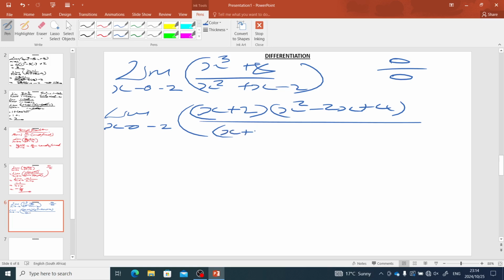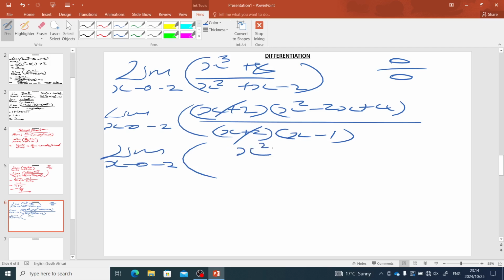It will be x plus 2, then x minus 1. Now, x plus 2 and x plus 2 will cancel out. Then you'll be left with the limit as x approaches negative 2 of (x squared minus 2x plus 4) divided by (x minus 1).